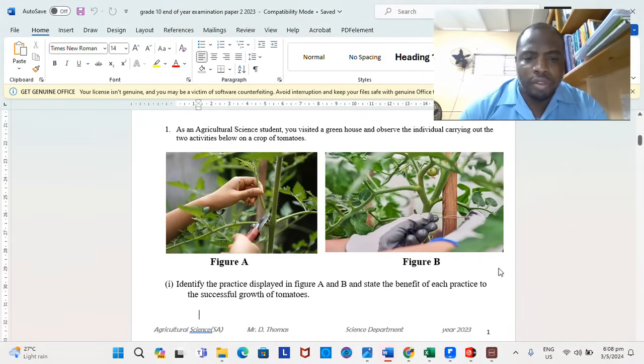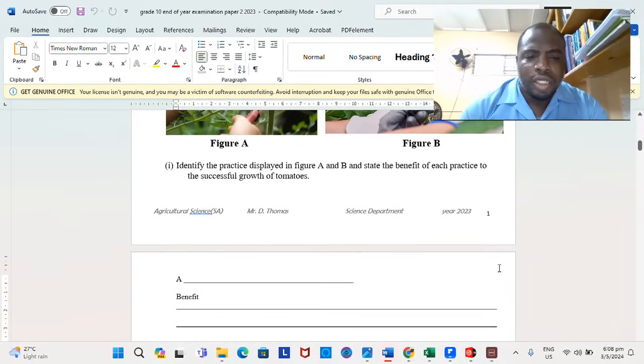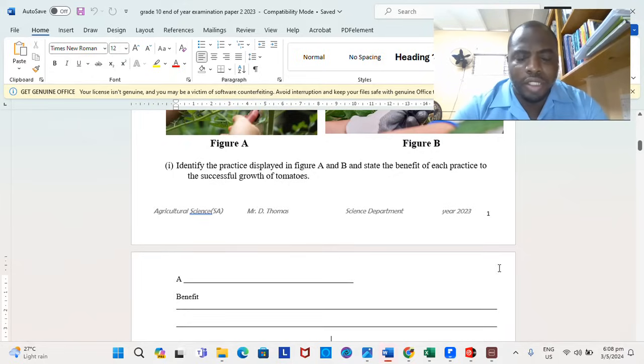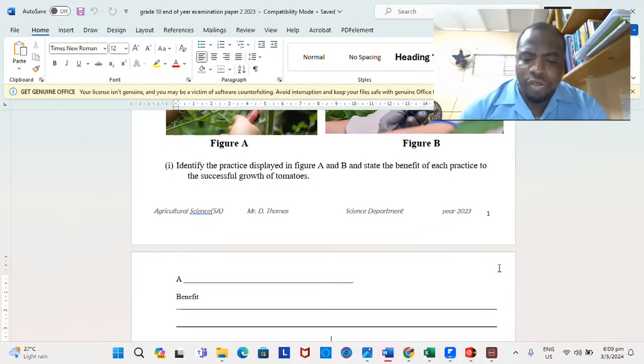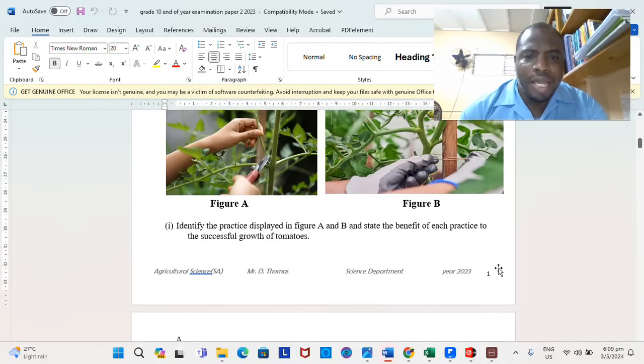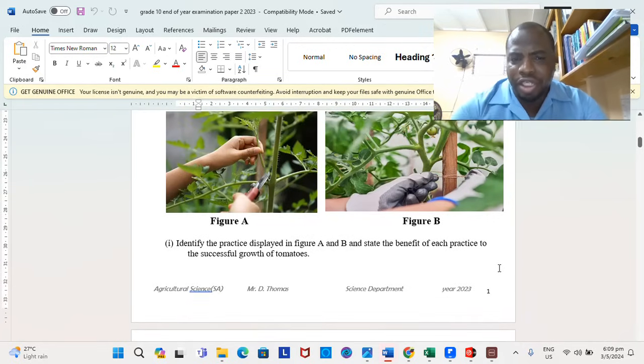So we're supposed to establish what is A. So A would have been pruning. And so by doing pruning, what we do is to allow the plant to focus the energy, not on this unwanted branch, but to focus the energy on producing high quality fruits.